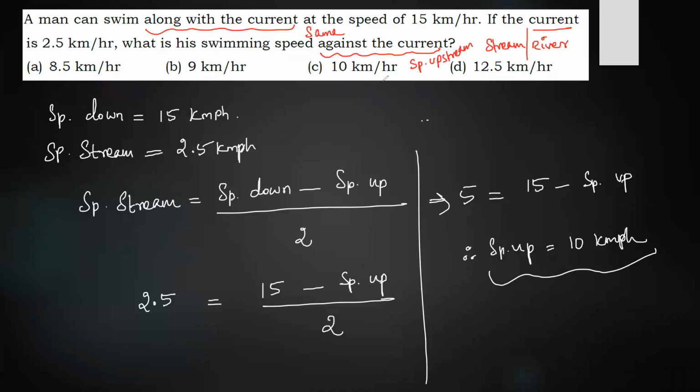Therefore, speed of up equal to 10 kilometer per hour. Is it clear, I'm using only the formulas, right? Against is nothing but opposite, meaning upstream. Is it clear for everyone? Any doubts?